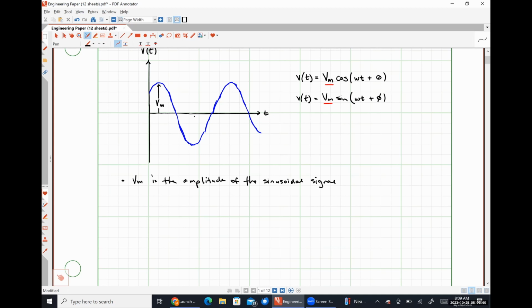It is also the distance between the horizontal axis and the negative peak value of our signal as well, right? So this represents effectively the size of the sinusoid.